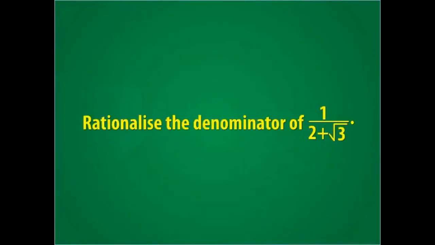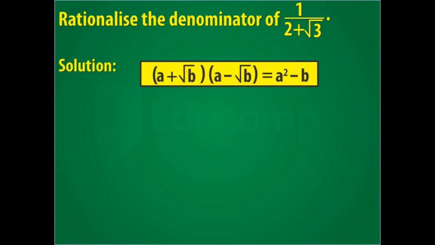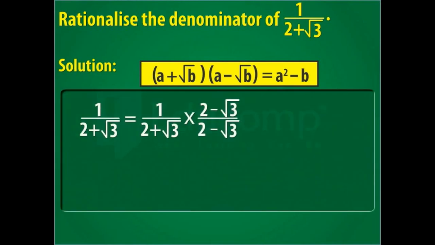Let's see how we can use different identities to rationalize the denominator. We need to rationalize the denominator of 1 upon 2 plus square root of 3. We will use this identity to make the denominator rational here. So, multiply and divide given expression by 2 minus square root of 3.